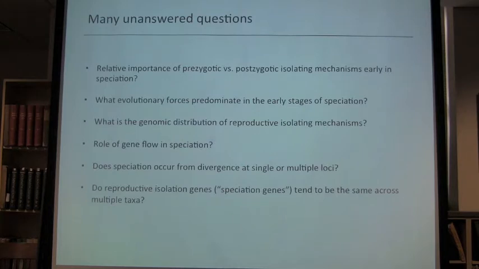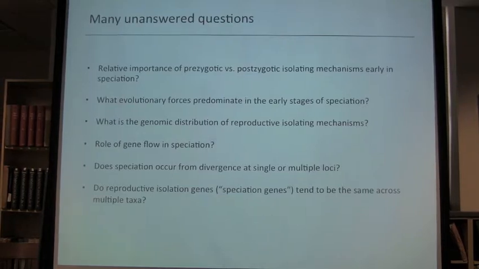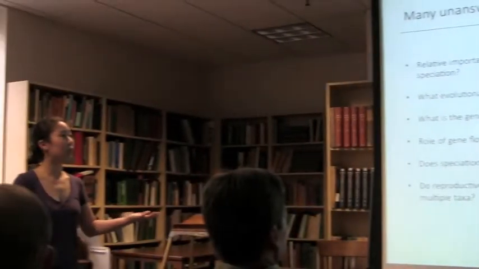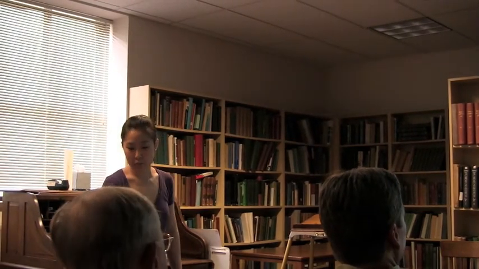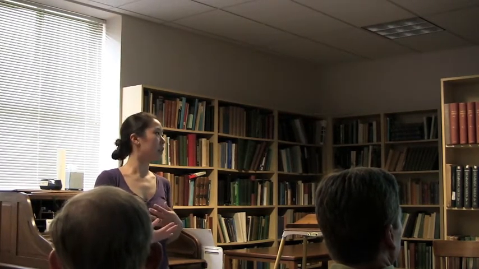What's the genomic distribution of the reproductive isolating mechanisms? Do all the genetic components that produce an isolating barrier cluster together in the genome, or are they evenly spread across the genome? What's the actual role of gene flow in speciation? This is particularly important in early stages of speciation, where you might have an incomplete reproductive isolating barrier.